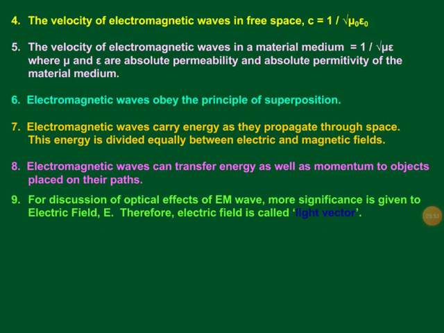Got it? So whenever one asks you why light is a transverse wave, or why polarization is possible in the case of light waves, you have to say that the electric and magnetic fields are perpendicular to each other, and moreover the wave propagates perpendicular to both the electric and magnetic fields. This transverse nature of light waves comes from the electric field, and so the electric field vector is known as the light vector.